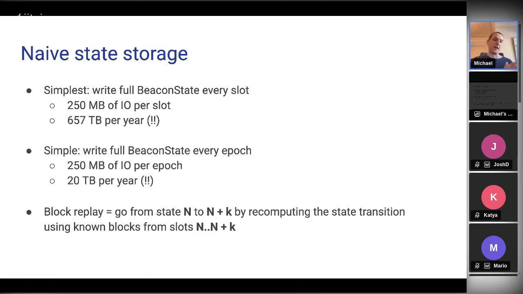But if you have to replay too many blocks, like 100,000 of them, that's going to take a really, really long time, probably multiple tens of minutes or hours even. So that's not always feasible. But for short distances, block replay is really useful. If you're only replaying one epoch at a time, you can do that really quickly, in probably less than 100 milliseconds.